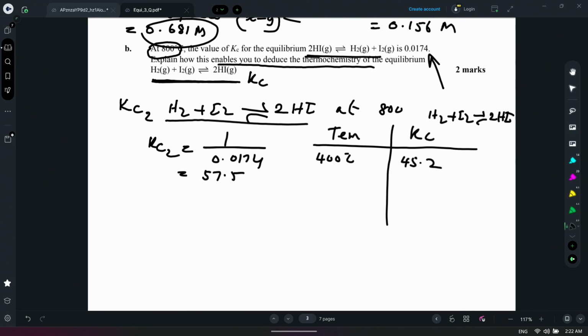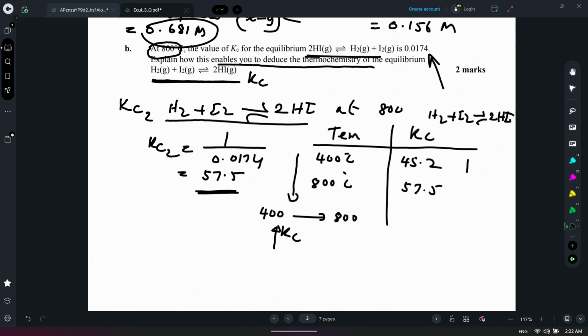At 800, we just found that at 800, it was 57.5. Now what has happened? When you increase the temperature, Kc has also increased. So when you increase the temperature from 400 to 800, Kc has increased.